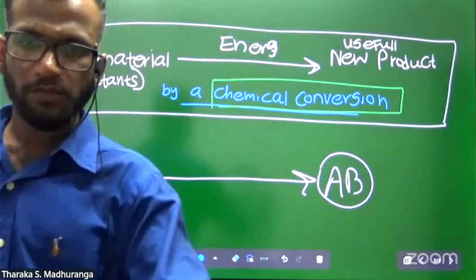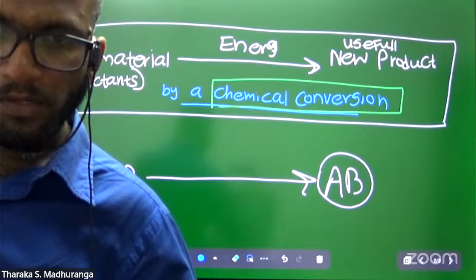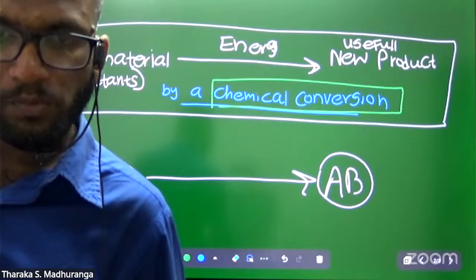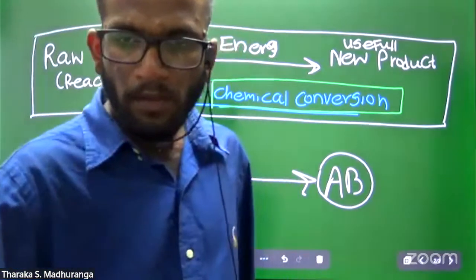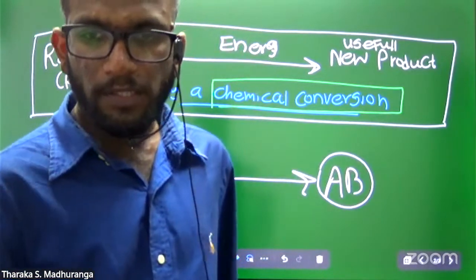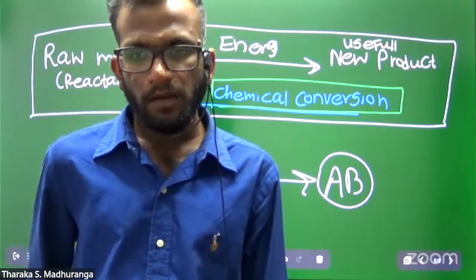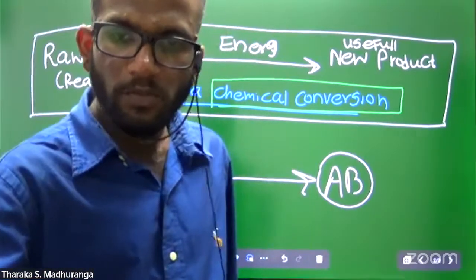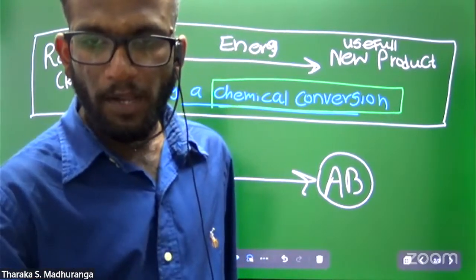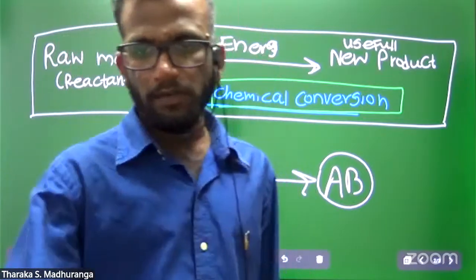Okay, lot of answers. Good. Converting raw materials to useful products by a chemical conversion, good. The large scale manufacturing of new useful products from raw material and energy by a chemical conversion, good. Producing new products using raw materials through chemical conversion, good.